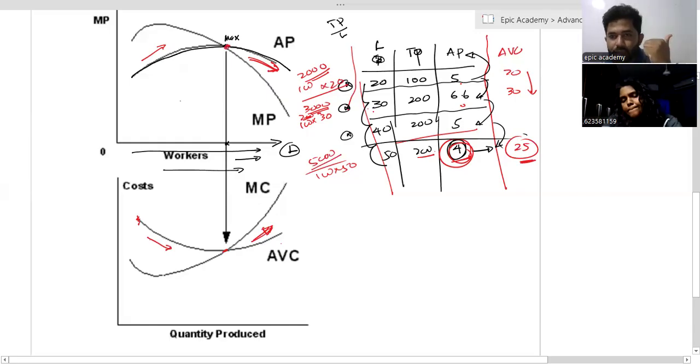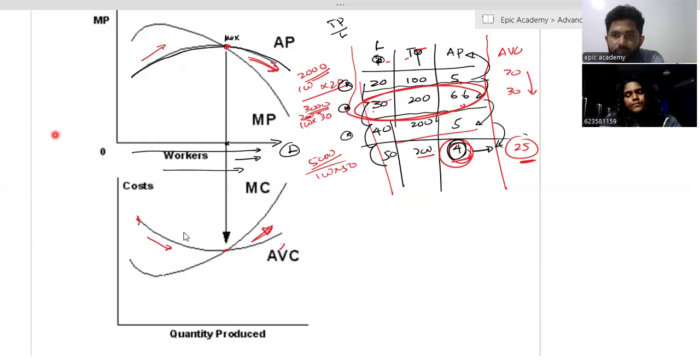If you can maximize the average production, that means something like this position, what will happen to the average variable cost? Reduce. Is that favorable for the producer or not? Favorable. Average production increases, but average variable cost reduces. That is what they are looking for.